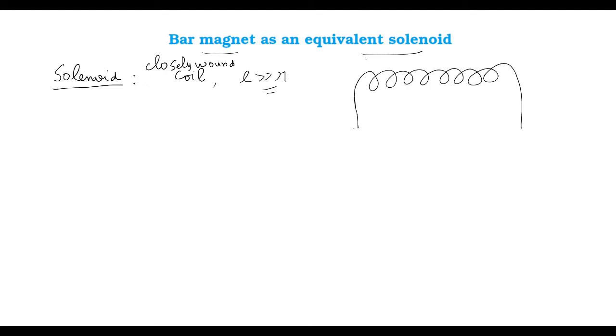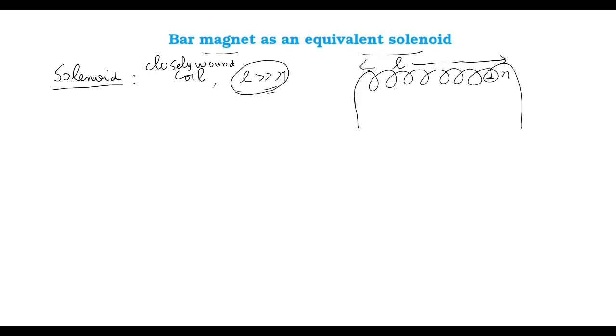Generally we draw a solenoid like that. This is the length of the solenoid. The radius will be the radius of the circles forming the solenoid, say R. So the condition L is very much greater than R defines the solenoid.